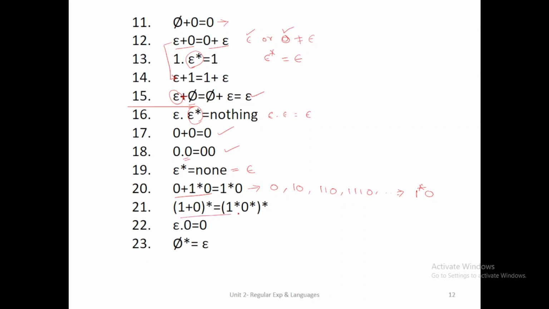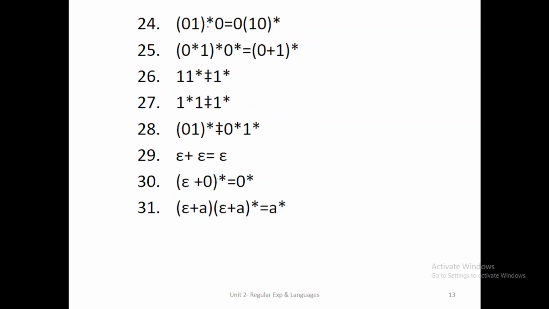And I already gave the explanation for this 21st rule. The 22nd rule is, if you concatenate 0 with epsilon, the answer is 0. And this is the most important thing. Pi star means epsilon. Epsilon star is epsilon. Pi star is epsilon.